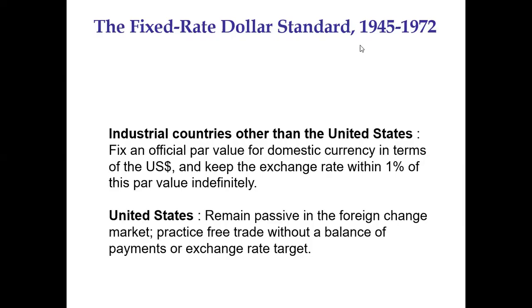Under the fixed rate dollar standard, companies have a fixed rate of exchange against the dollar, and after bargaining, I can decide how many dollars are receivable or paid for each purchase or sale of items.